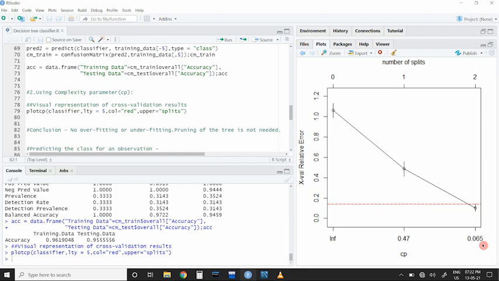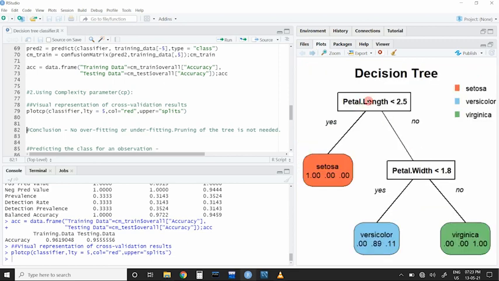The rpart function uses a default value of CP equal to 0.01, which is less than 0.065, but the graph also shows that the optimal number of splits so that the model is not overfitted is 2, and the number of splits in this model is already 2. So there is no need to prune the decision tree further.